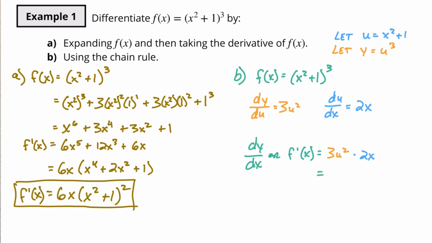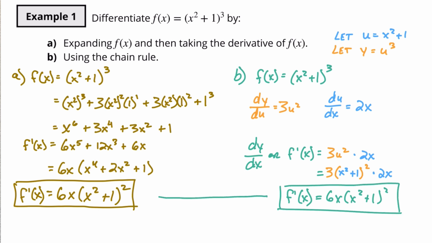So this is going to equal 3 times u, which is x squared plus 1, all squared, and then we're multiplying that by 2x. Well, if we've got 2x times 3, we can multiply those together, and now look what we've got: 6x times x squared plus 1, all squared, and that is our derivative of f of x, which you can see right over here. These two things are exactly the same.